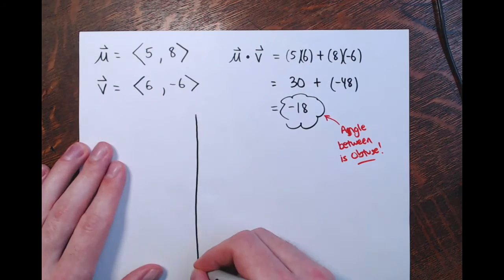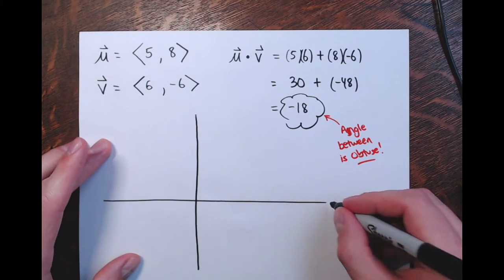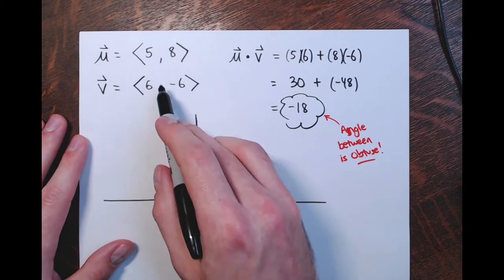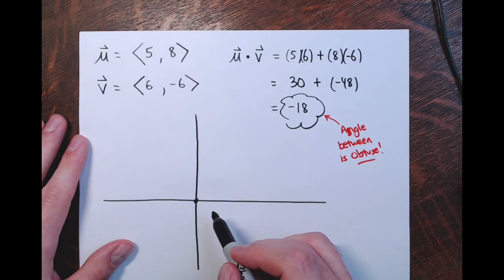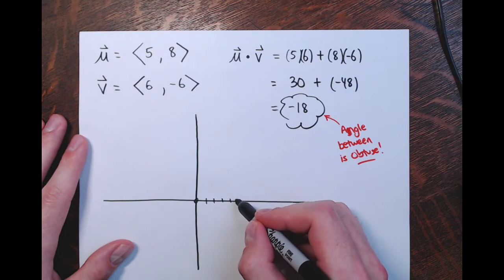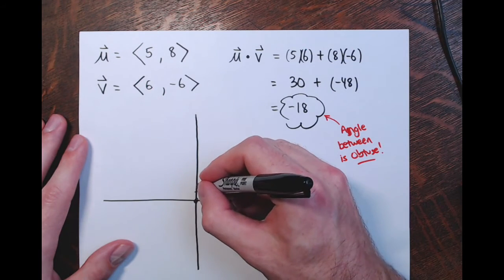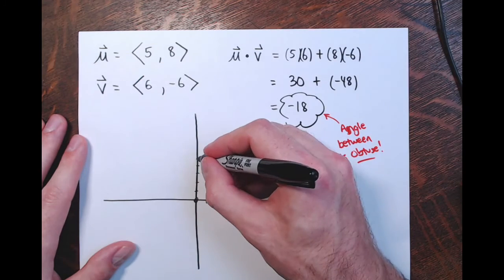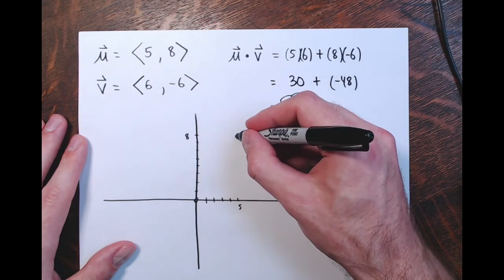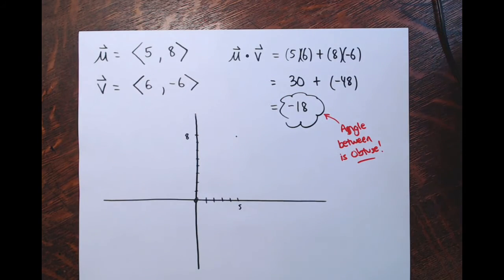So let me show you here. I'm going to do my best to make this look reasonably good. So I'm going to have both of these start from the origin. So u is 5, 8, so right 5, up 8. So here's vector u.